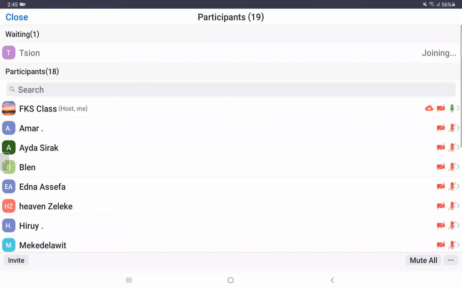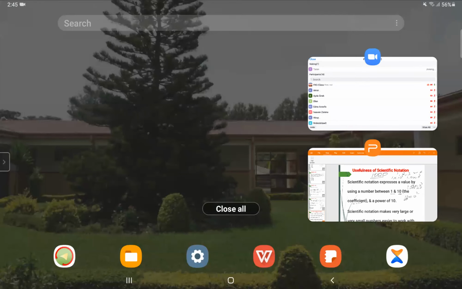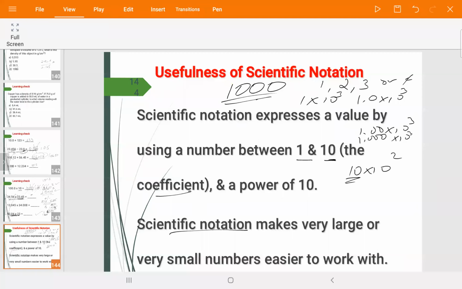So scientific notation makes very large or very small numbers easier to work with. This is the importance of scientific notation. For example, 1 mole is written as 6.02 times 10 to the power of 23. So this is a very large number.